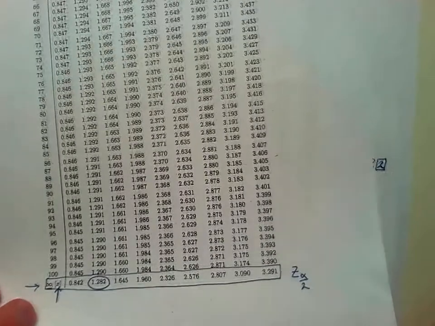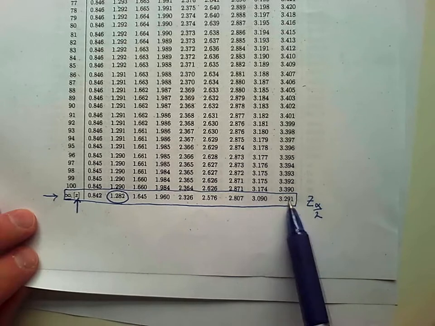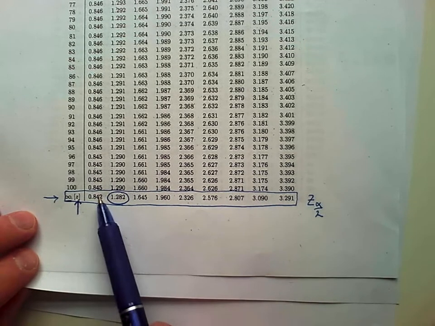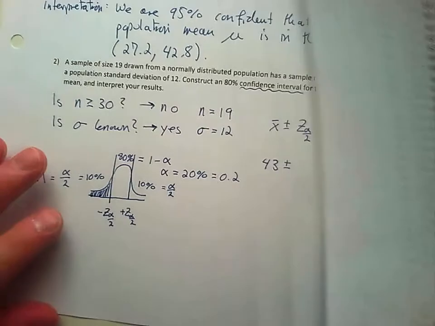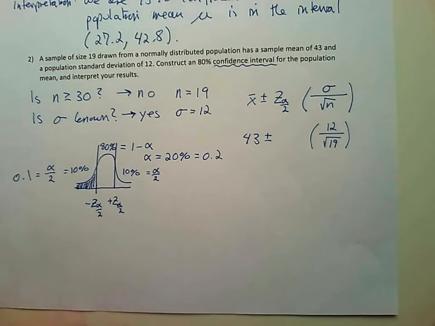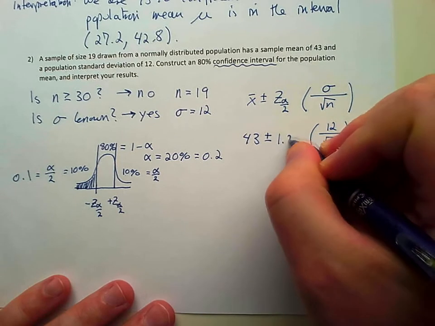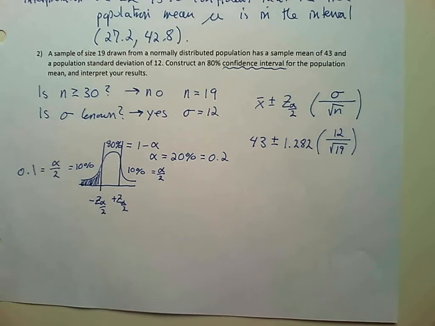Now that we can look up some z values in our t table, whenever we can, we're going to use our t table to find those z values. So here we're not going to use 1.28 or 1.29. Instead, we're going to be as accurate as we can and use 1.282.